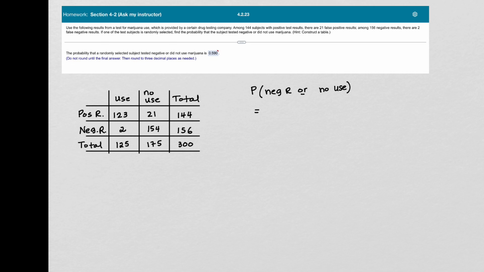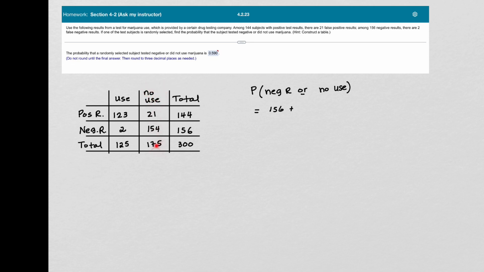So now I'm going to look at how many had a negative result. So negative result, that's going to be the 156. Or we want to look at the people who didn't use.